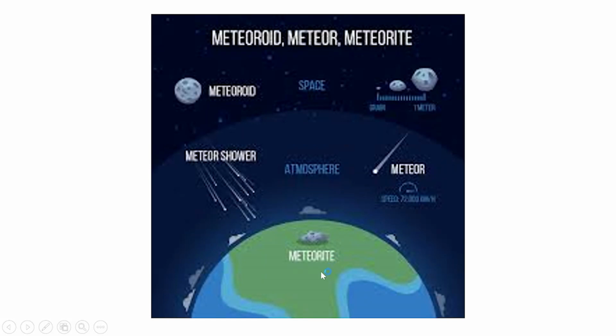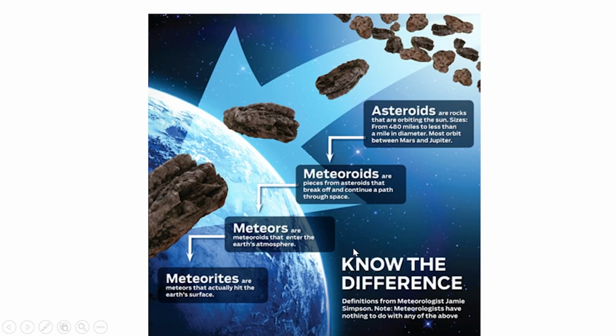And the one that reaches the Earth's surface without getting destroyed is called a meteorite. So again, these are the asteroids, and the one in space is known as a meteoroid. The one that gets into the atmosphere of the Earth is a meteor, and the one that reaches the Earth's surface is a meteorite.